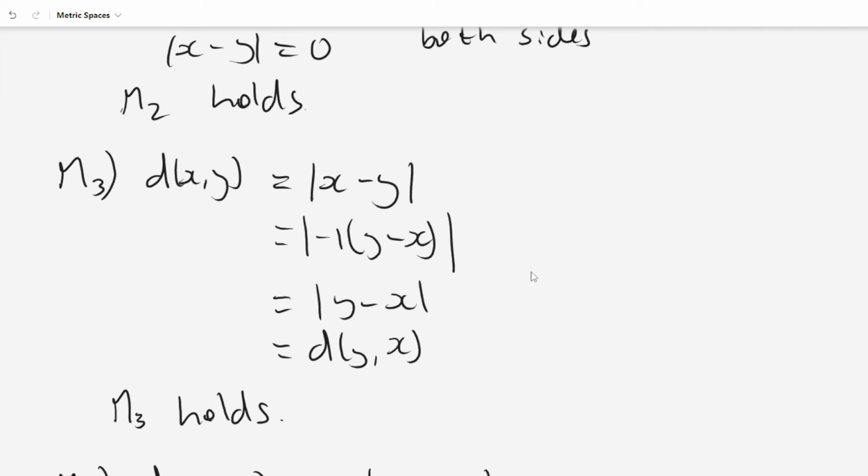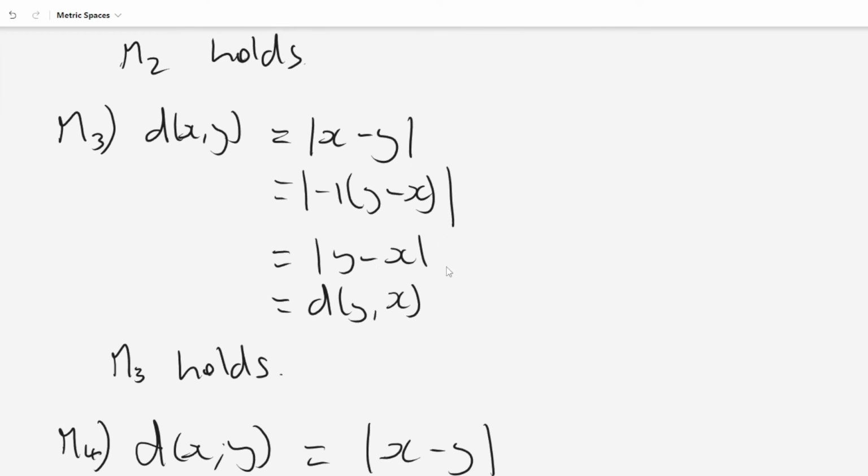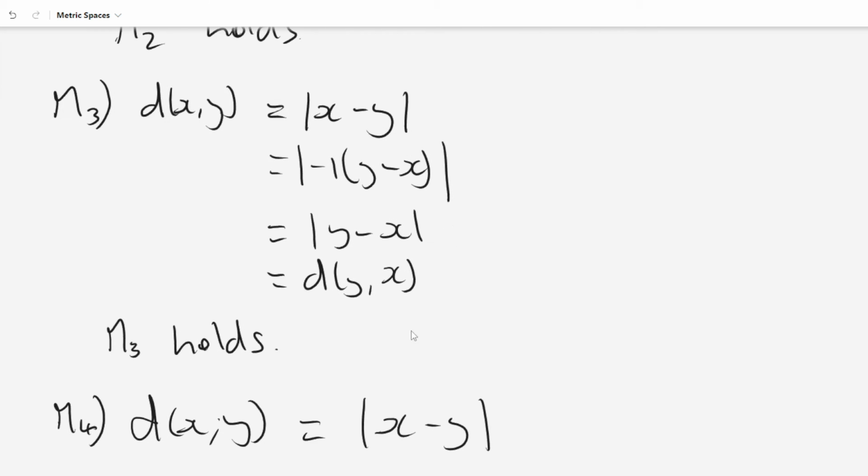If I then take out as a common factor minus 1, I end up with minus 1 bracket y minus x. We know that the absolute value of minus 1 is 1. That's again the definition of an absolute value. So then I'll end up with the absolute value of y minus x, which equals the distance from y to x.